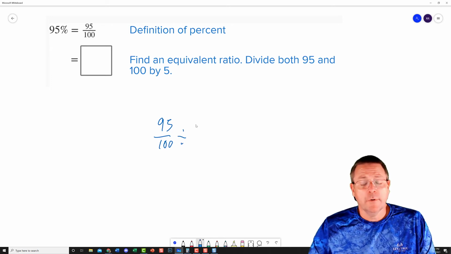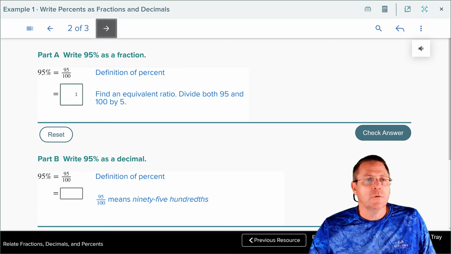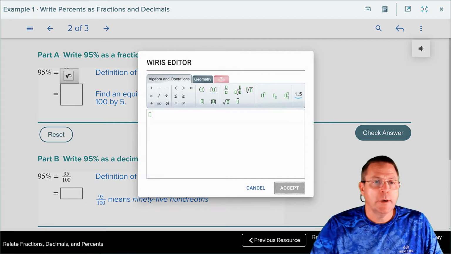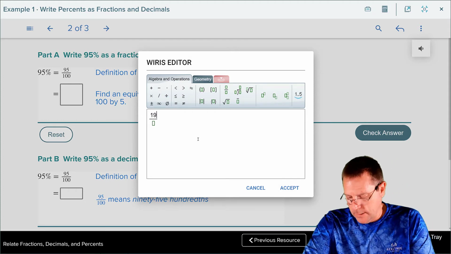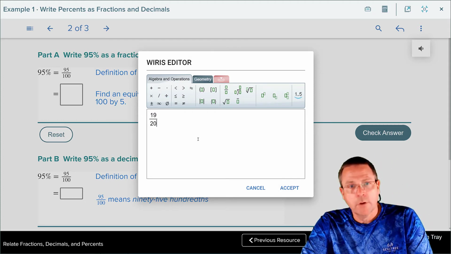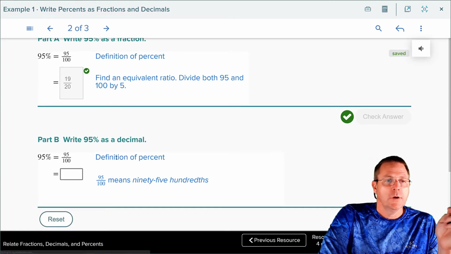The largest number that's going to divide into both of those is 5. 5 goes into 95 19 times. 5 goes into 100 20 times. So in simplest terms, our equivalent ratio is going to be 19 over 20. Check our answer. That one checked good.